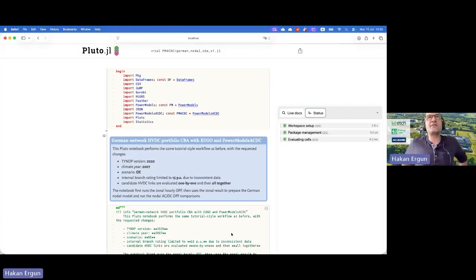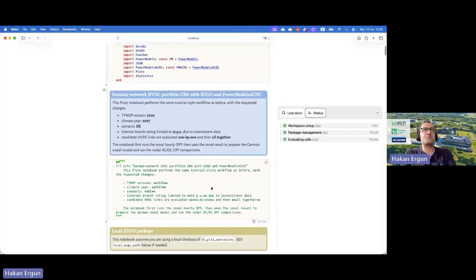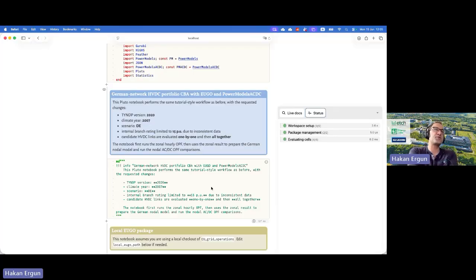So in this Pluto notebook, you really have the step-by-step instructions of setting up a very nice workflow. So here a quick description. We are going to perform a typical cost-benefit analysis, and for that we are going to use the data from the TYNDP 2020. The calculations are based on the climate year 2007, and then for the distributed energy scenario.